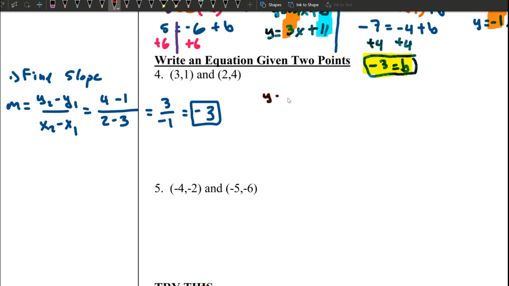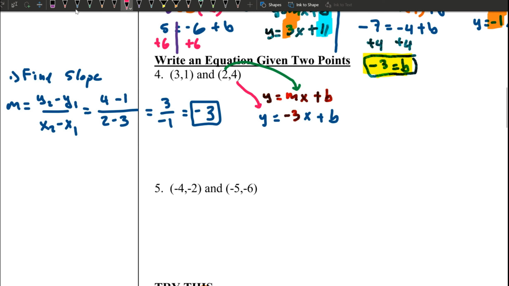And then y equals mx plus b. We already have m is negative 3. We need to solve for b. So you need x and y. It doesn't matter which point you plug in. Pick one and then plug it in like what we did earlier. So your x is 2 and your y is 4.